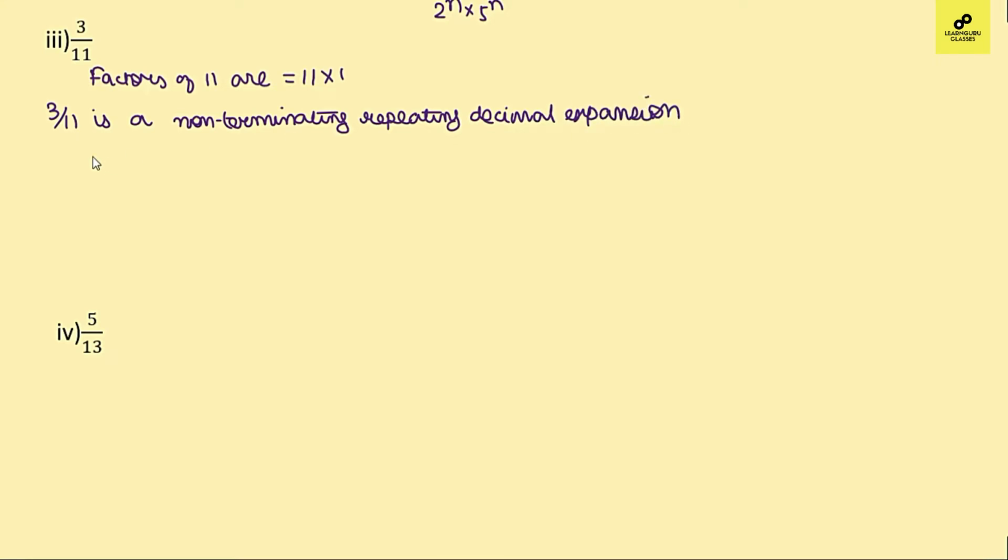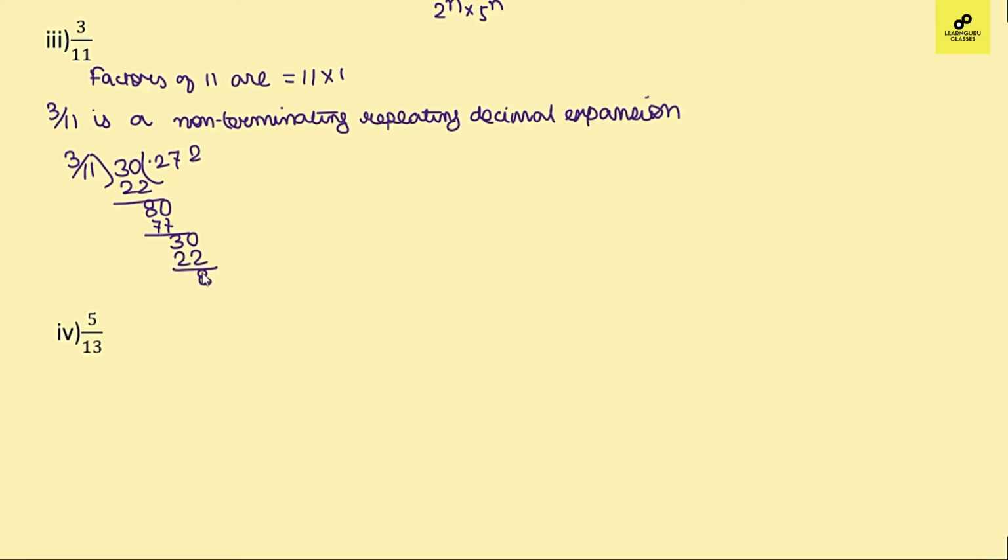Okay. Now 3 by 11, what is the equivalent decimal? Let us do the division. So here 3 is there. So 3 is less than 11. So you are giving here 0. 11 2s are 22. 8 0. 11 7s are 77. You are getting 3. 11 2s are 22.